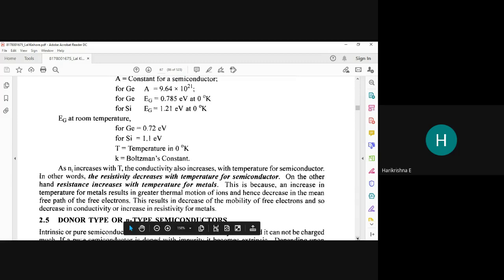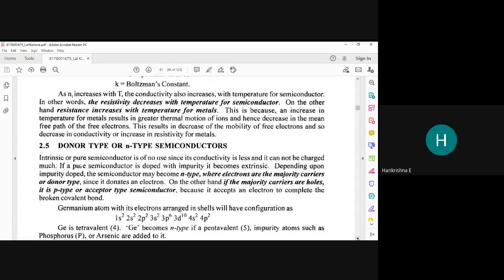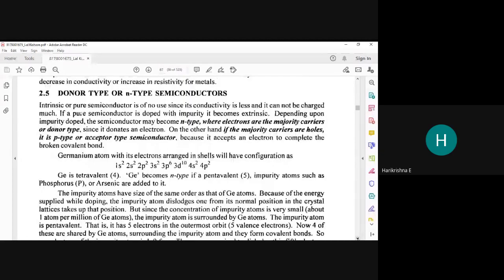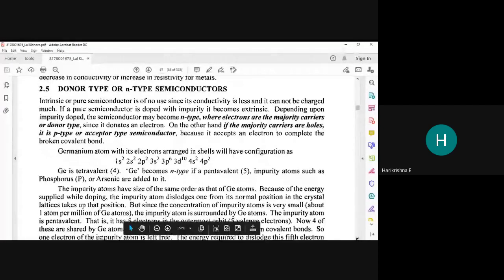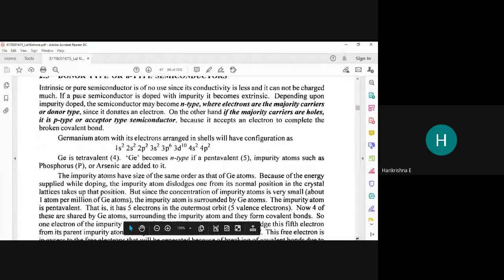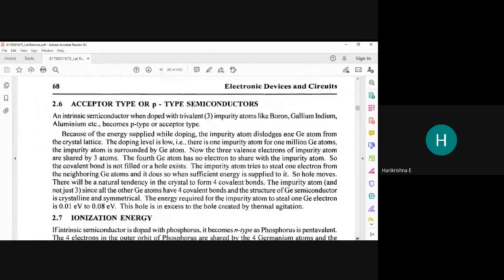The thing we discussed with a simple diagram in the previous class, in the Boylestad book, there is no need to tell again. In N type, free electrons are the majority carriers, and in P type, holes are the majority carriers. So we will see how the conductivity changes in N type and P type semiconductors.